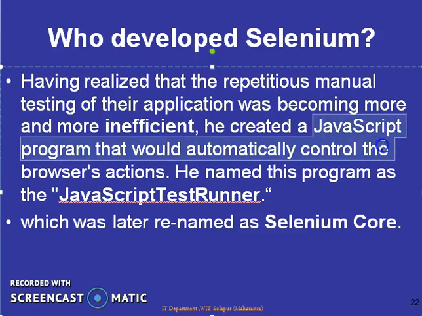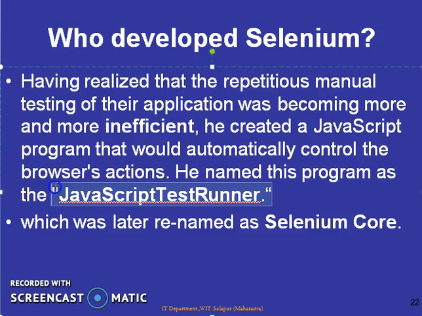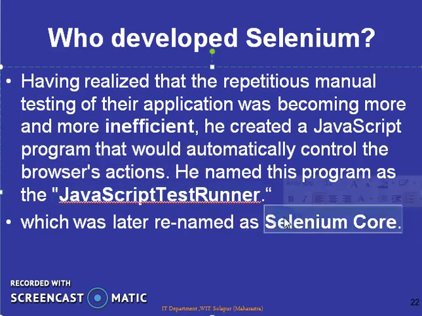So he created one JavaScript program that would automatically control the browser's action. He named it the JavaScript Test Runner, which was later renamed as Selenium Core.